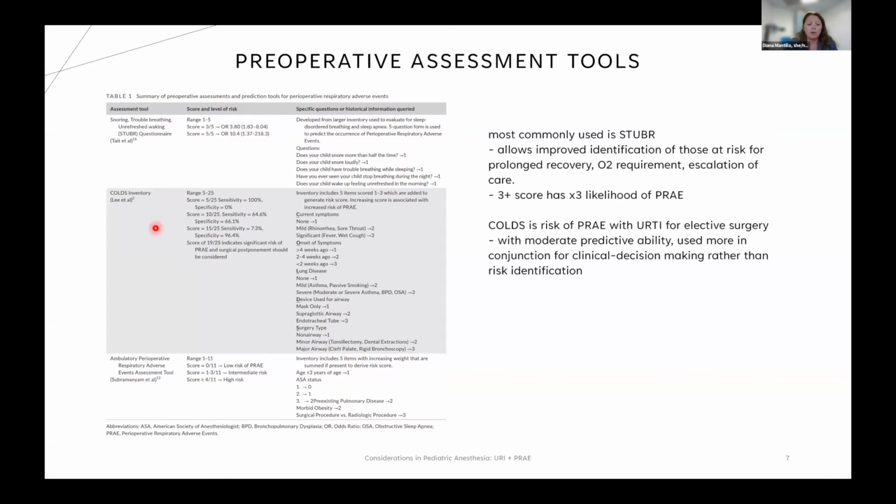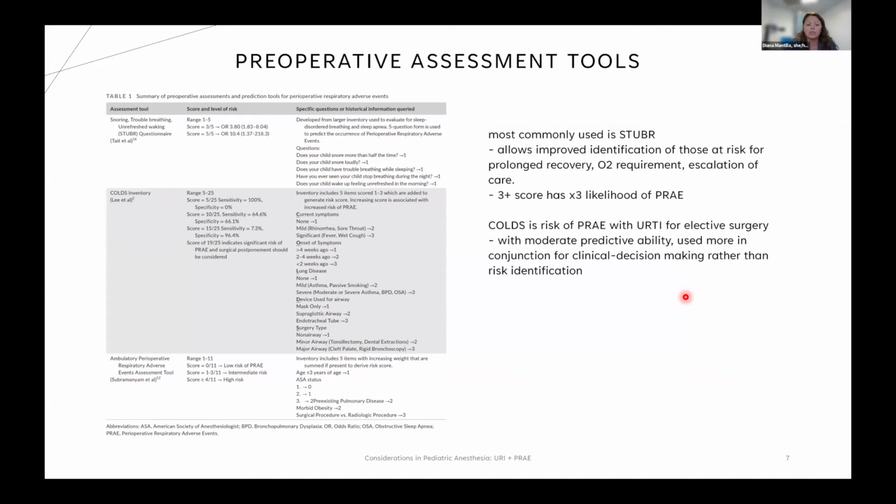The next perioperative tool that we use is the COLDS inventory, and it was given by Lee. This is a little bit more complex, but interestingly enough, the study was published for elective surgeries, specifically for tonsillectomies. It has moderate predictive ability, positive predictive value, and it's used more in conjunction for clinical decision making rather than risk identification.